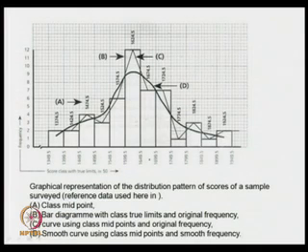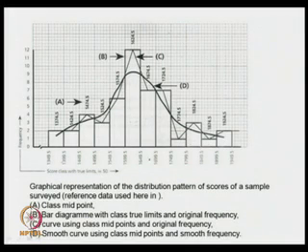These are the class midpoints, minus it divided by 2, that comes the midpoint. B is the bar diagram with class true limits and original frequency, this structure. These blocks are the bar diagram with true class intervals.